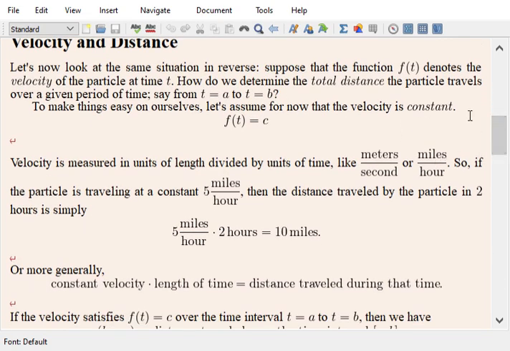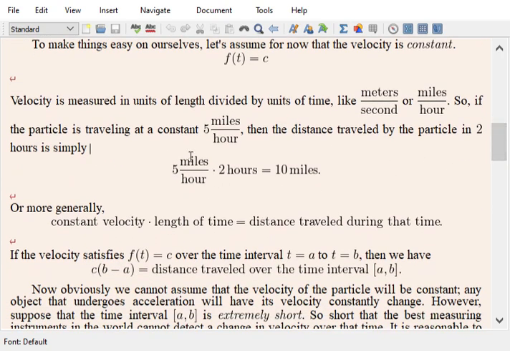Well, if the velocity is constant, then this is easy. Then this is a high school physics problem. Velocity is measured in units of length divided by units of time, like meters per second or miles per hour. So if the particle is moving at a constant, emphasis on constant here, say 5 miles per hour, then the distance traveled by the particle in 2 hours is just, well, multiply the velocity by the time.